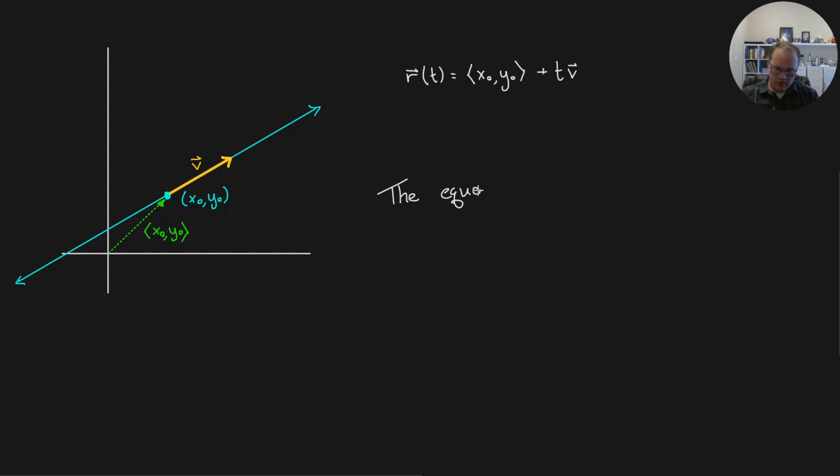The equation of a line passing through the point, let's give it a name. Let's call it R naught, right? So here R naught would be x naught, y naught.